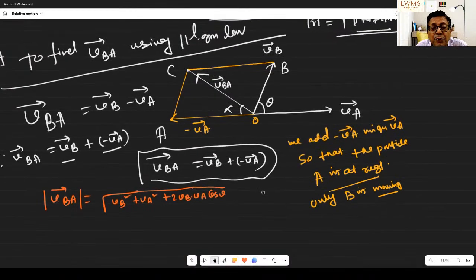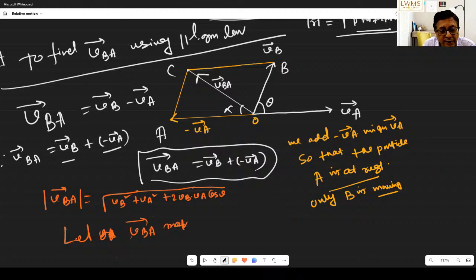Okay? And what is the angle? Let VBA make an angle alpha with minus VB, no problem.